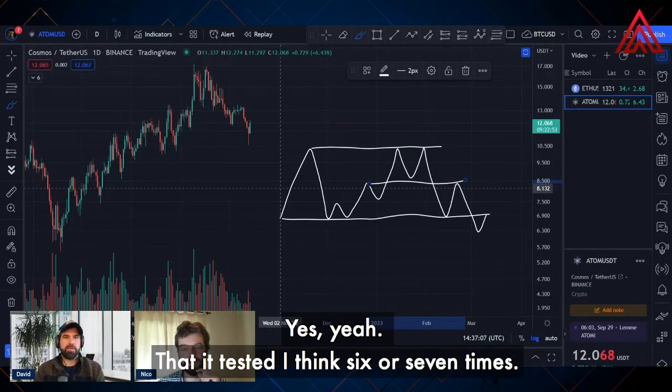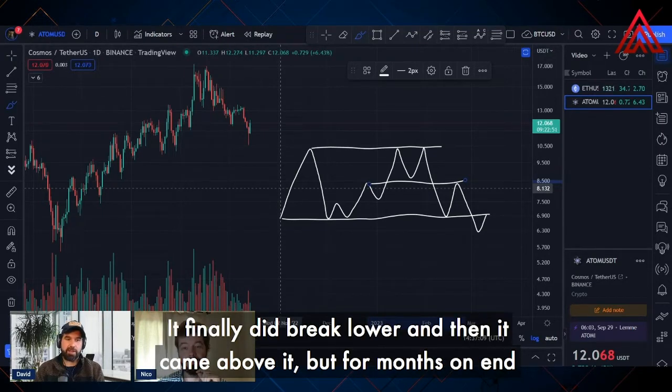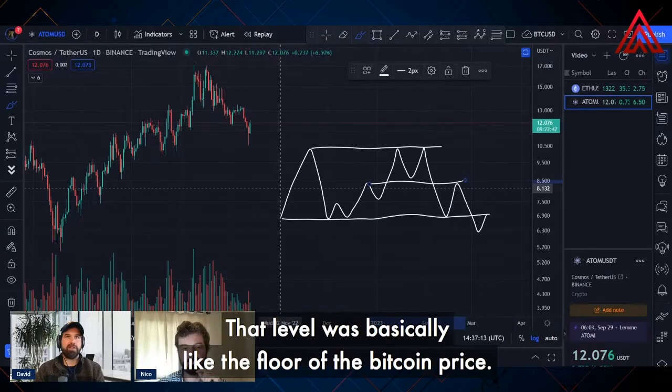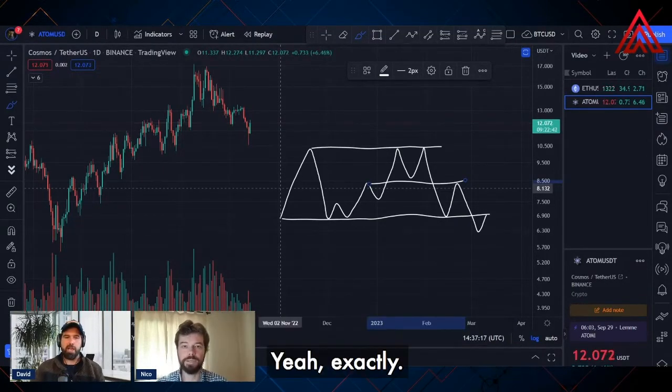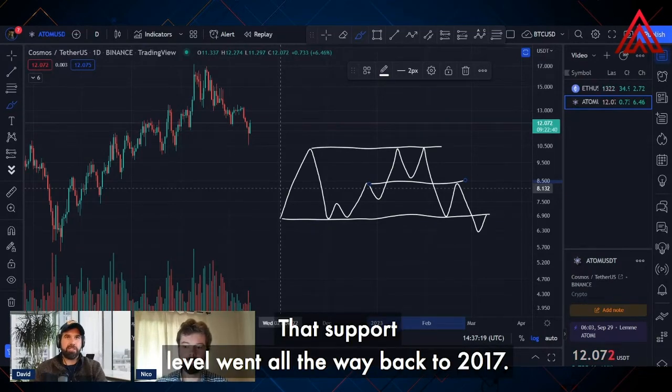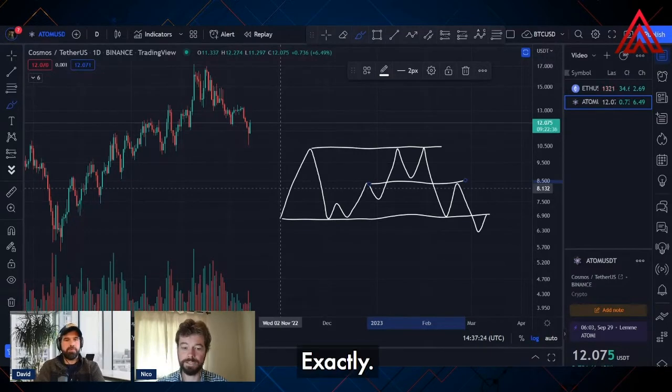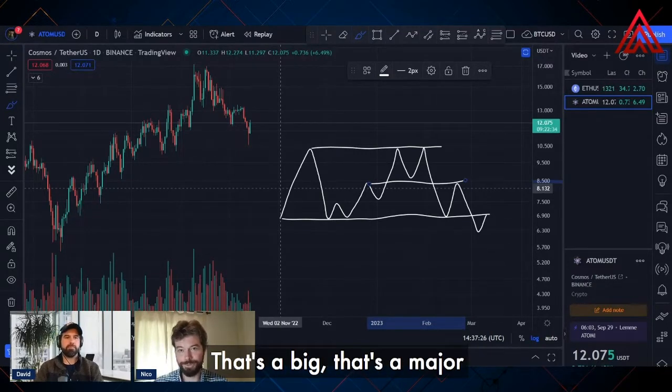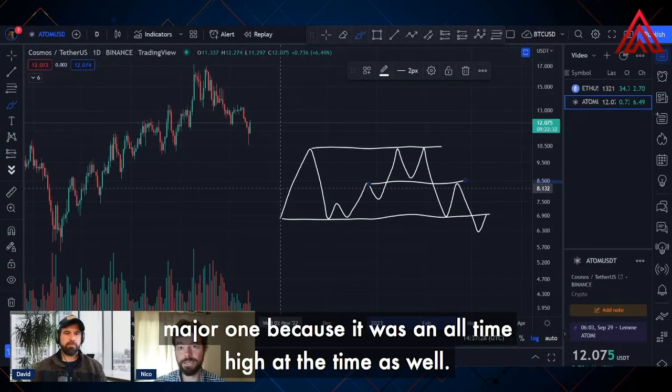It tested it, I think, 6 or 7 times. It finally did break lower, and then it came above it. But for months on end, that level was basically like the floor of the Bitcoin price. Yeah, exactly. That support level went all the way back to 2017. That's a major one, because it was an all-time high at the time as well.